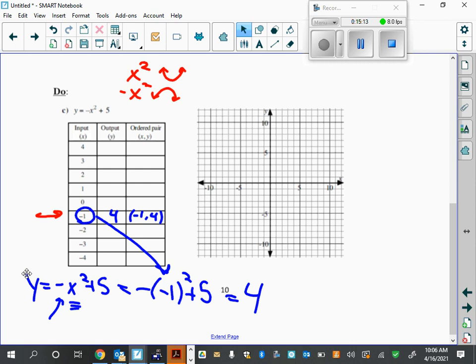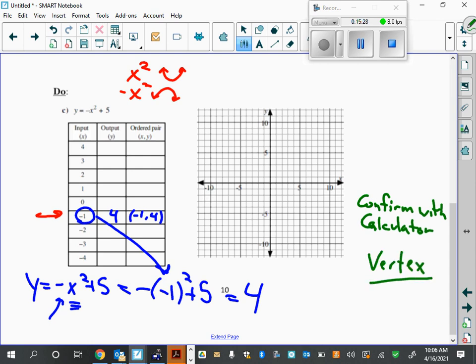I want you to confirm your graph looks right with the calculator, sorry, confirm your sketch with the calculator. And I also want you to calculate the vertex using your calculator. And I also want you to tell me whether it's a minimum or a maximum point. I guess you have to do that with your calculator anyway.